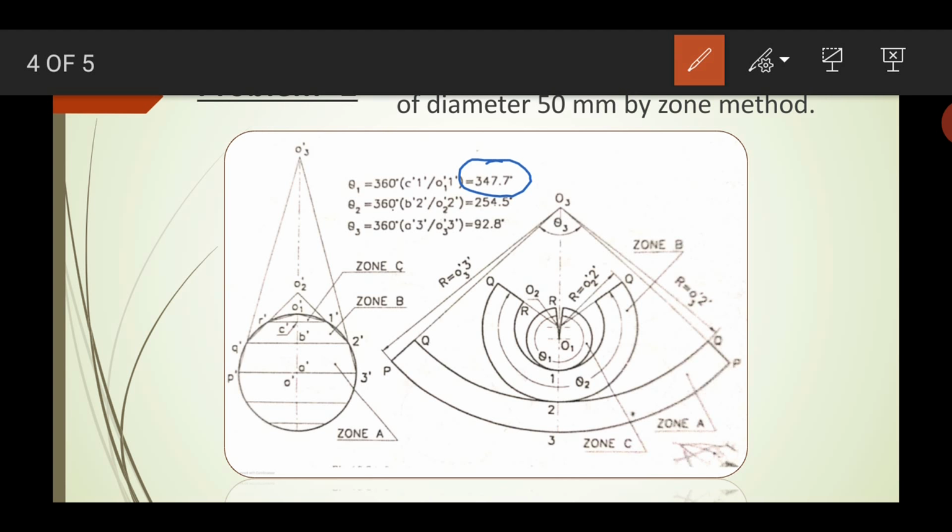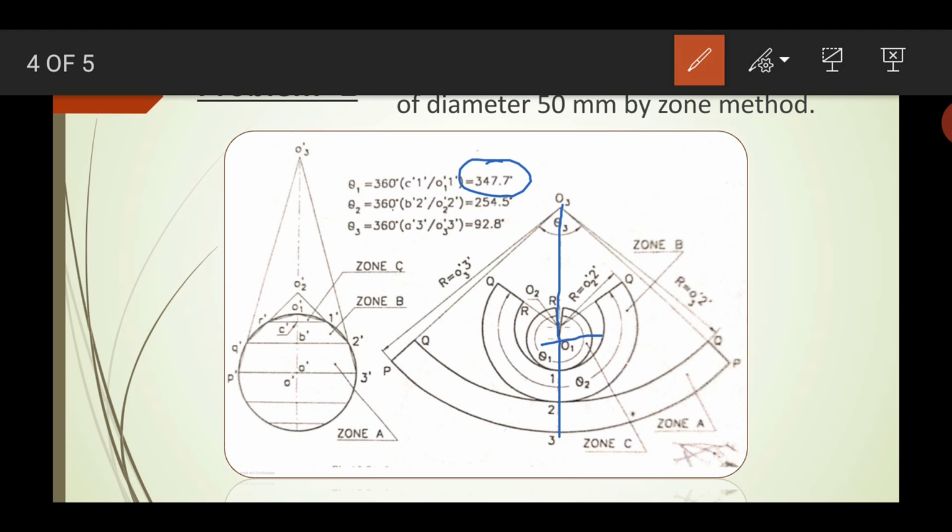Once more I will explain to you. Locate the centers O1, O2 and O3 on a vertical line O3 dash. O3 and 3 dash, so this will be the O3 and 3, and locate centers O1, O2 and O3.